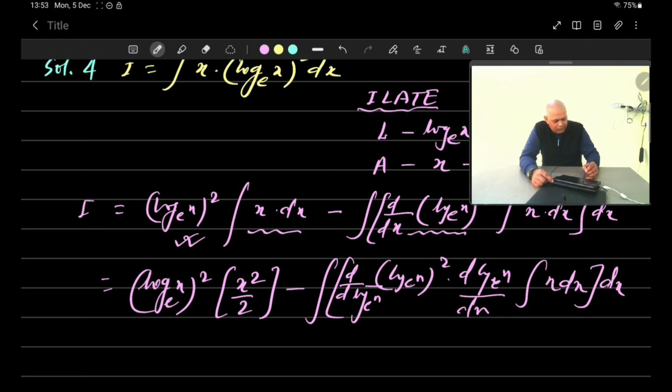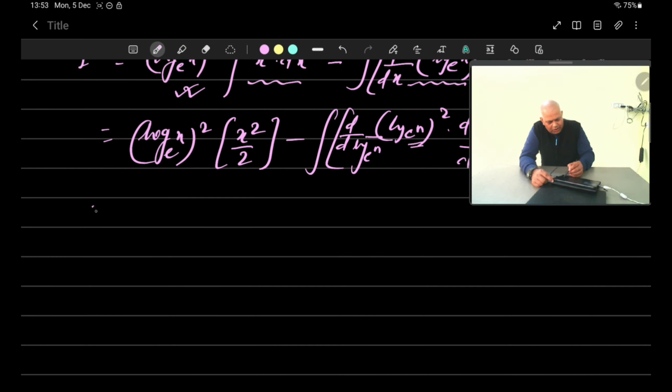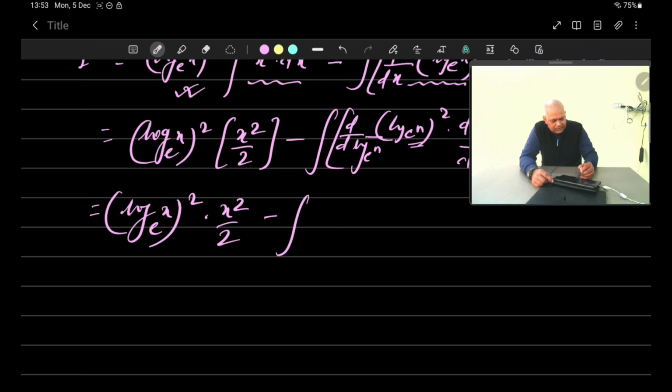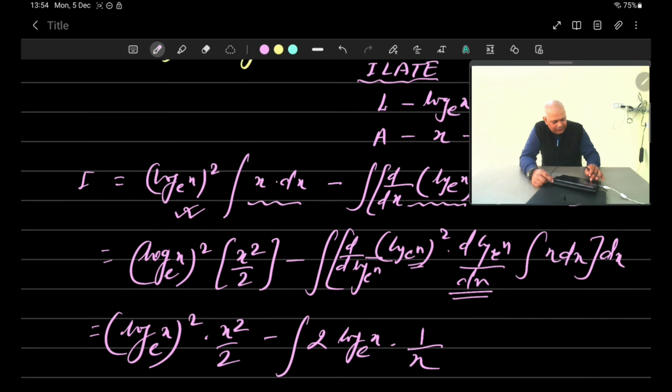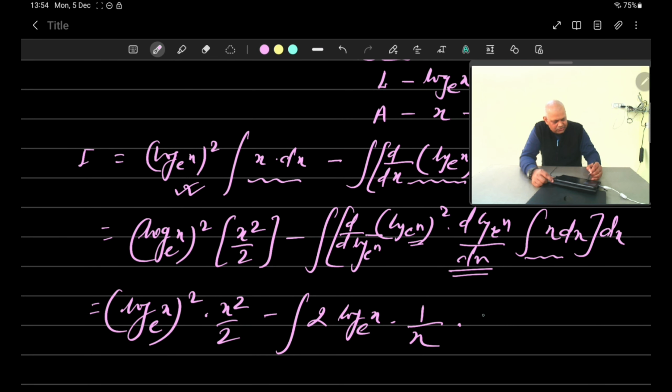Because you have to differentiate log x whole to the power 2 with respect to log x, and once again differentiate log x with respect to x, you have to use the chain rule here. So now the expression will look like (log x) whole squared times x squared by 2 minus 2 log x times the differentiation of log x, which is 1 by x, and times the integration of x, which is x squared by 2, times dx.